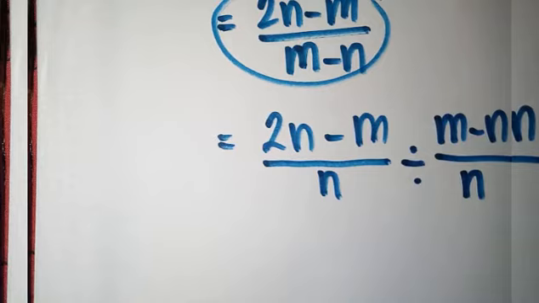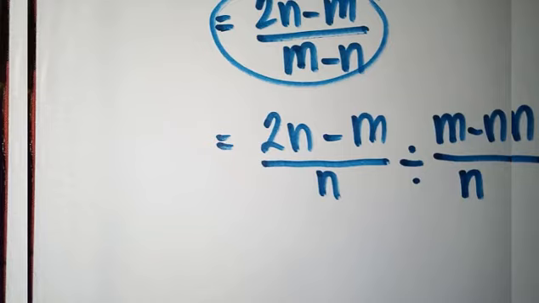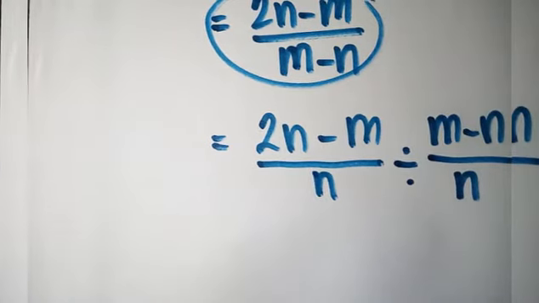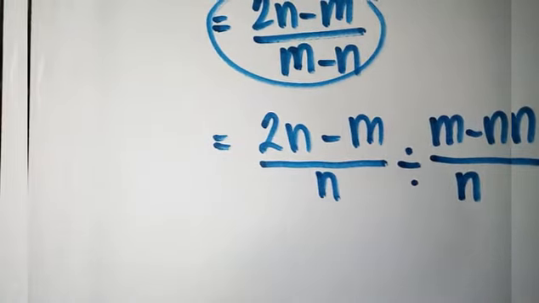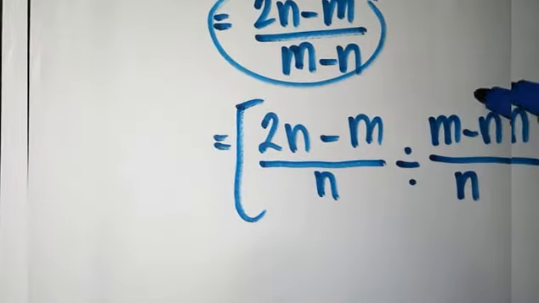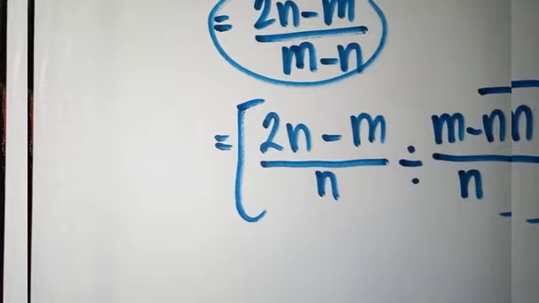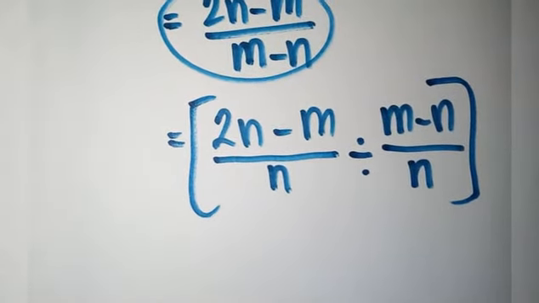Okay. So, ngayon, kukunin natin yung kanyang LCD. Yung ating magiging LCD dyan ay n kasi parehas na n yung kanyang denominator. So, i-multiply na natin siya ngayon sa ating LCD, which is n.